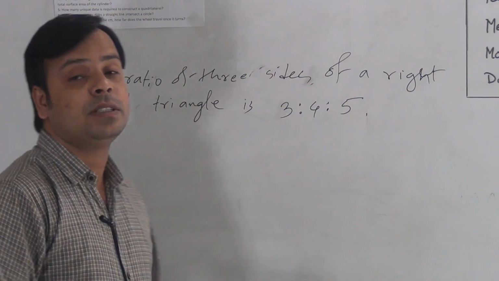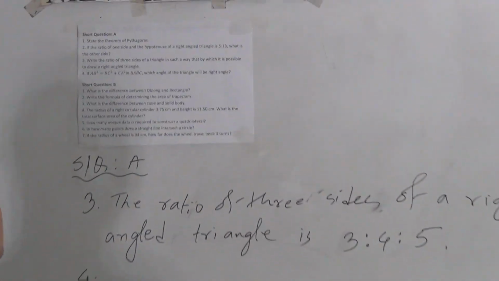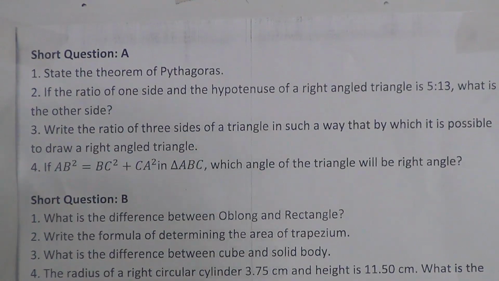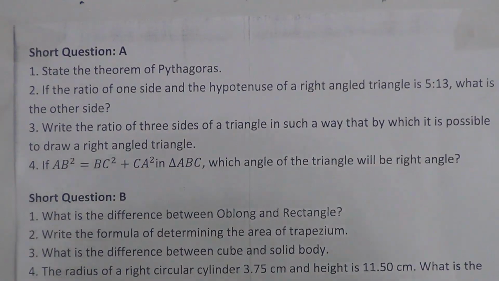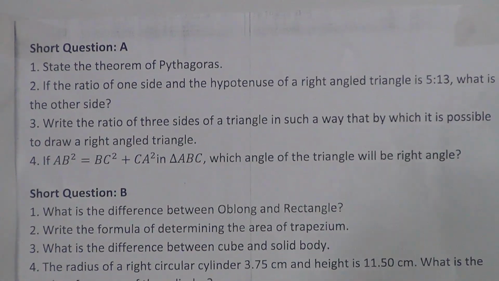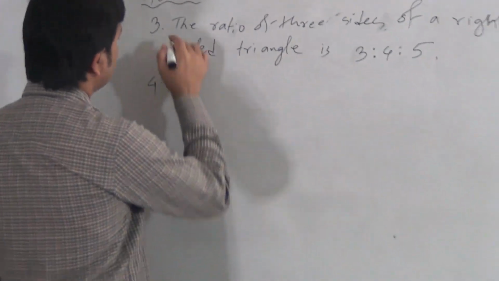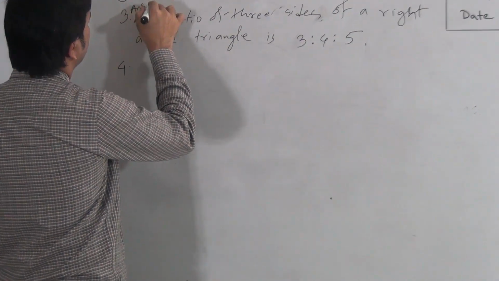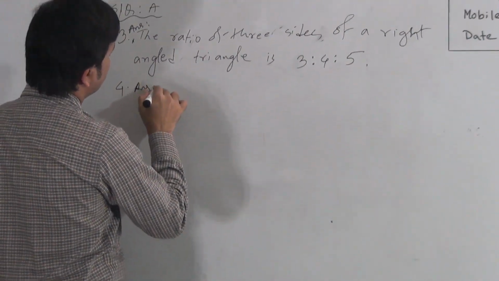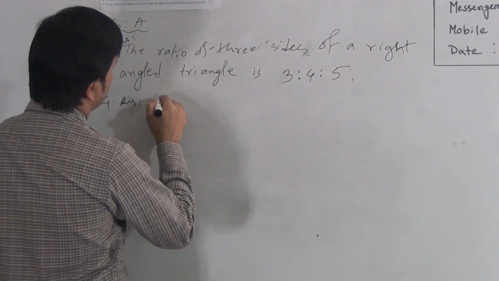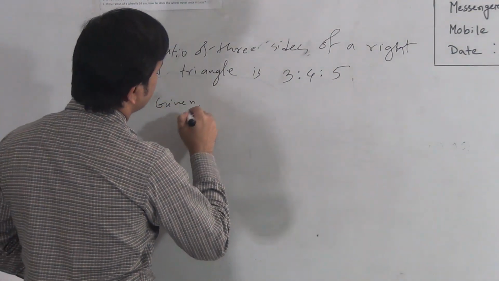Okay, dear students, now see question 4. If AB square equal to BC square plus AC square in triangle ABC, which angle of the triangle will be right angle? This is the answer of question 4. Given, what is given here?